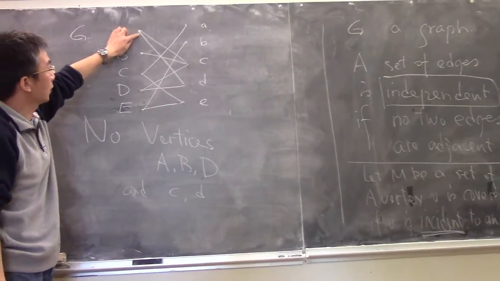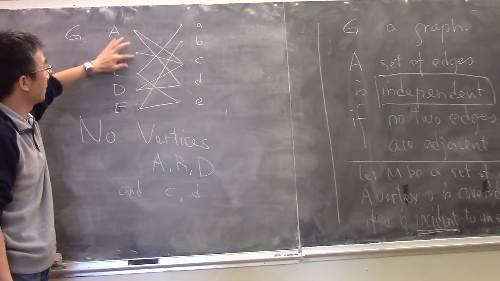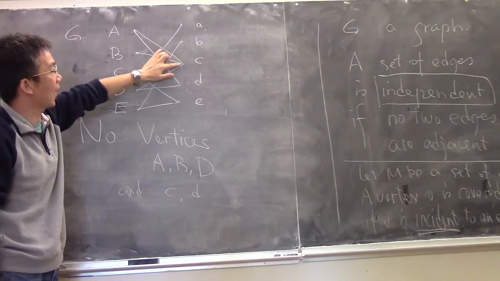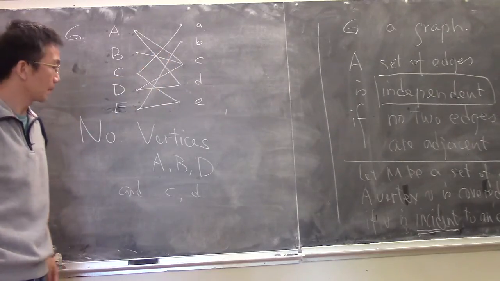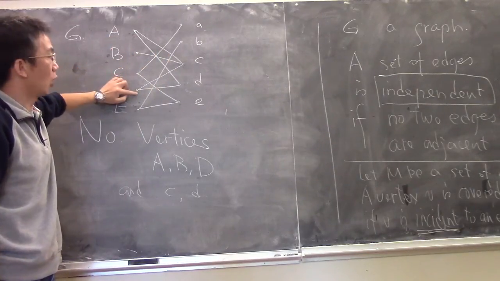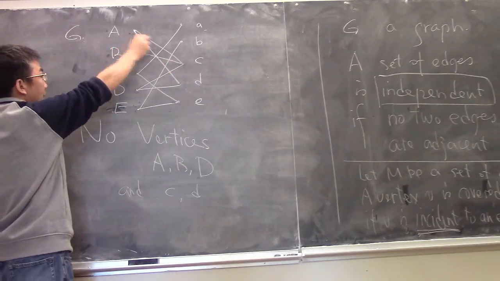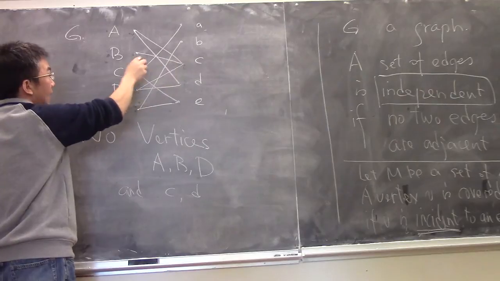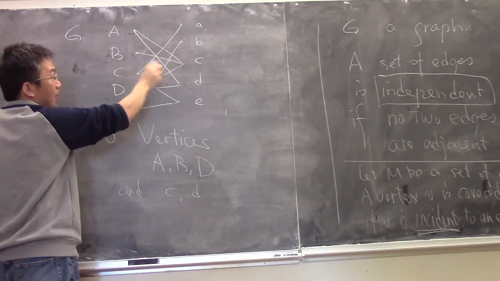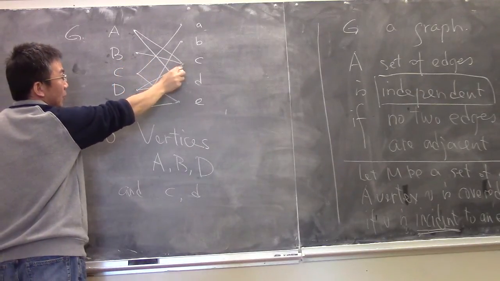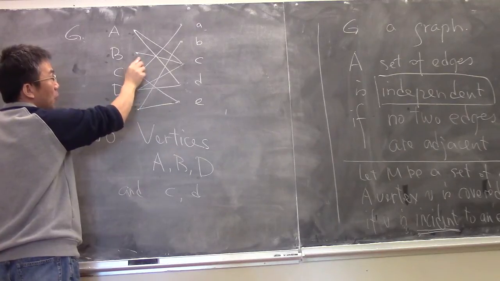So you notice A, B, C will only be qualified for 2 jobs. And if I'm going to assign A to C, say, then B will not be able to be assigned to C, right? But that will leave B with no job, right?